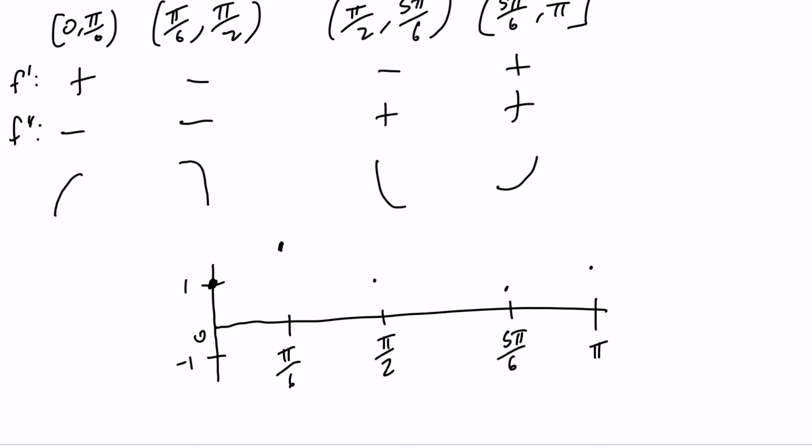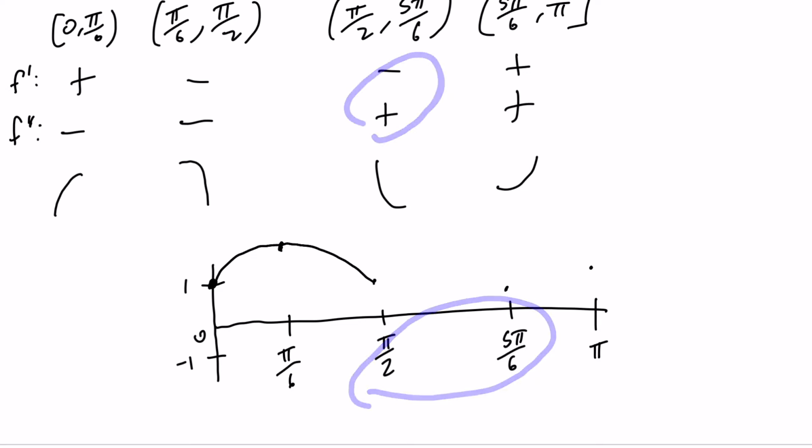And now, what does the shape of the graph look like between these points? Well, between 0 and pi over 6, we know we look something like this. Between pi over 6 and pi over 2, we look a little something like this, decreasing and concave down. Between pi over 2 and 5 pi over 6, we're decreasing and concave up.